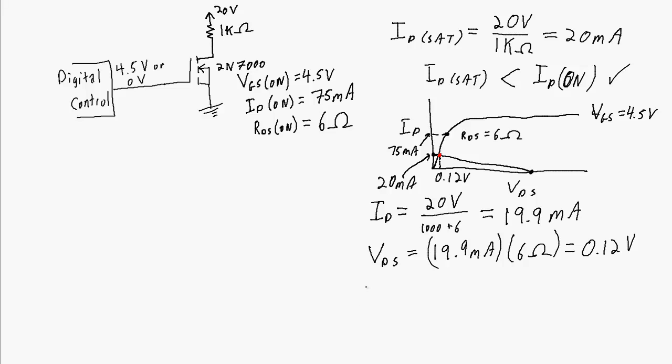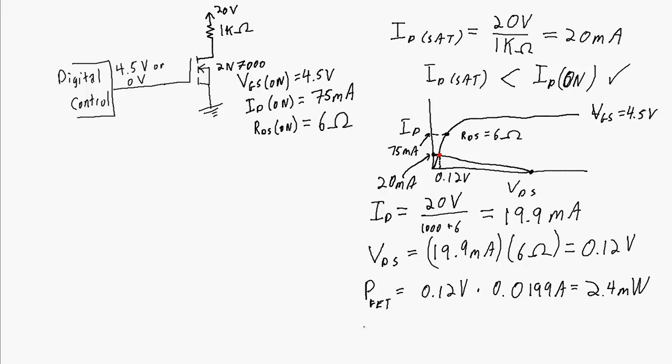And we can even figure out what the power dissipated by this transistor is going to be. Power dissipated by the FET will be 0.12 volts times 0.0199 amps. Works out to 2.4 milliwatts.